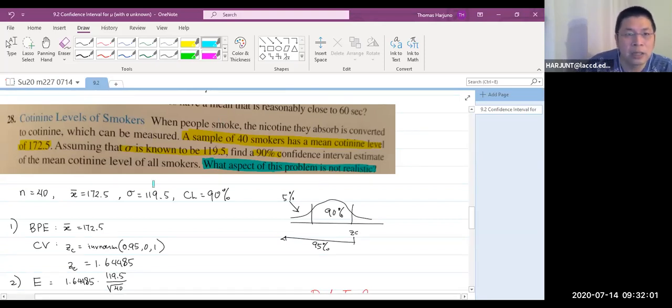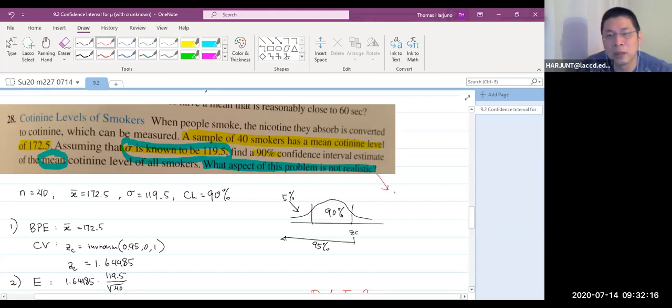What is not realistic is here: how can we know the population standard deviation without knowing the population mean?